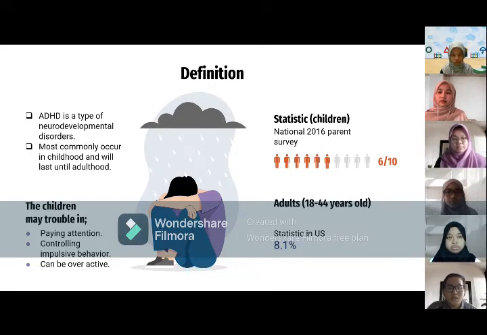Based on the National 2016 Parent Survey in the US, 6 over 10 parents have a child facing ADHD. The statistics in the US also state that 8.1% of the population have ADHD from childhood until adulthood.